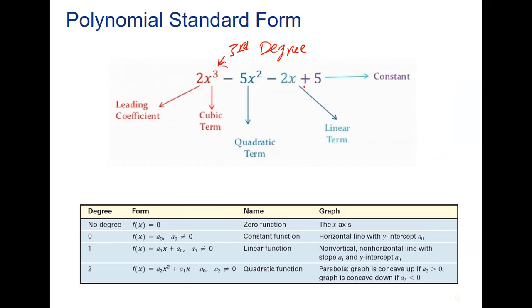Okay. The number that has no variable is your constant. The number that has a power of 1, that's your linear term. The number that has a power of 2 is your quadratic term. And then you have your cubic term. And technically you have your quartic, your quintic, your heptic, and you can continue with the names, but it's not necessary.